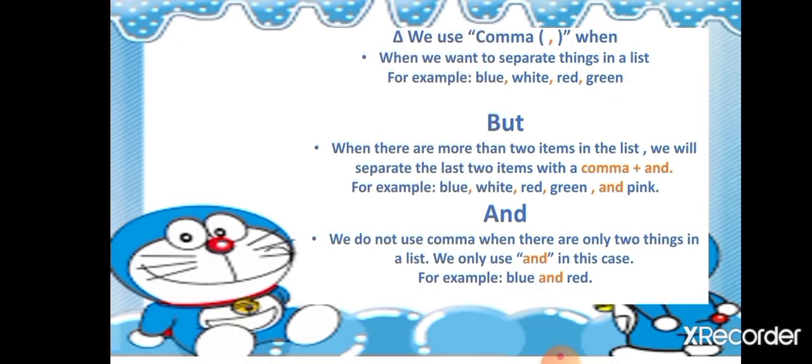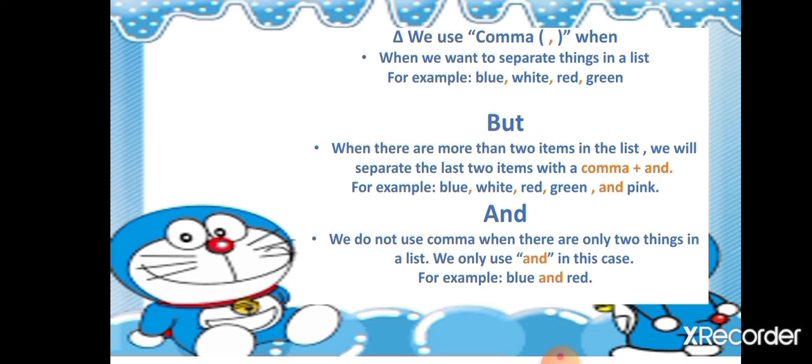Now coming towards the use of comma, that is where we will be using a comma. Firstly, when we want to separate things in a list. For example, when there are lots of things and we have to separate them from each other, we will be putting commas. Like for example, blue, white, red, green. But wait, when there are more than 2 items in the list, we will separate the last 2 items with a comma plus "and".